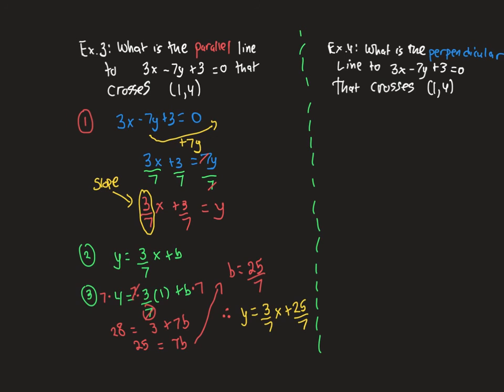And let's go into the second example now. Good thing is I already solved it out, so I already did step 1 over here. So it's still going to be the same slope, 3 over 7. But the perpendicular slope is going to be the negative reciprocal. So the 7 is going to be on the top, the 3 is going to be on the bottom, and it was positive, so it's going to be negative. Alright, so we make our equation. Substitute our point in.